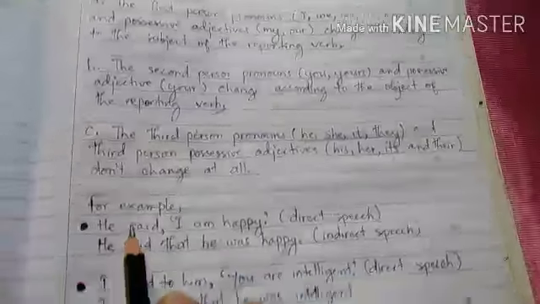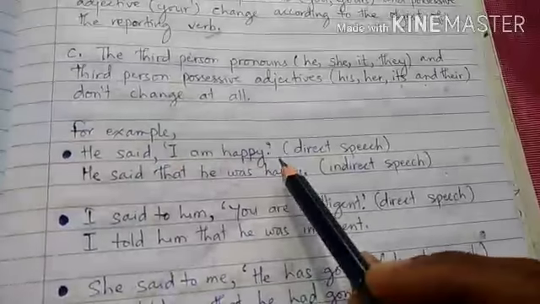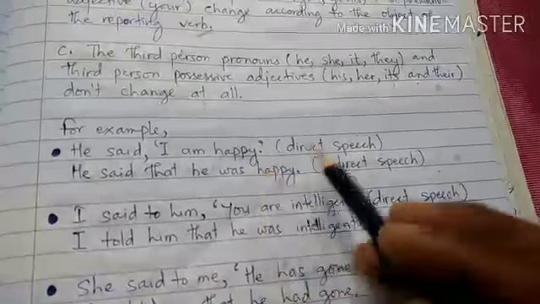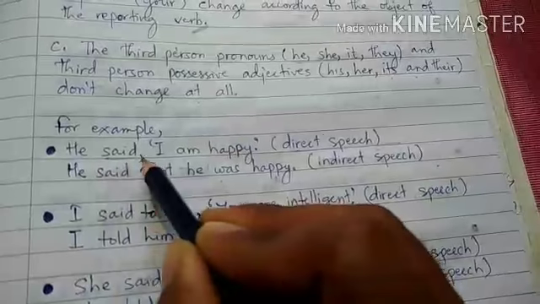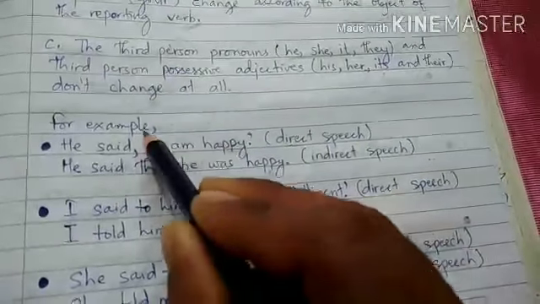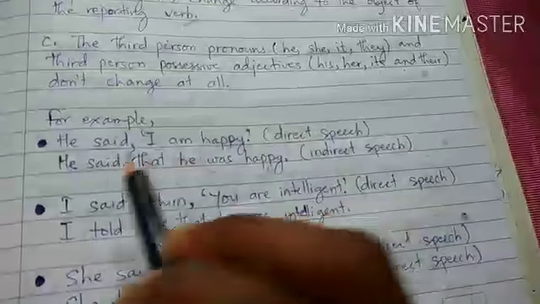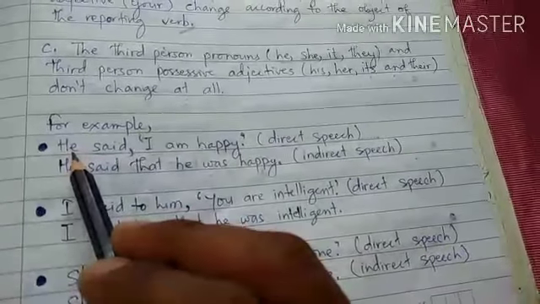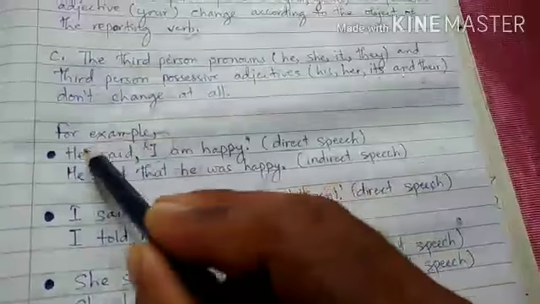Okay, for examples, we have some examples here. He said, I am happy. So this is direct speech because after the reporting verb we have used a comma and the reported speech I am happy is written in quotation marks. So here I refers to he.